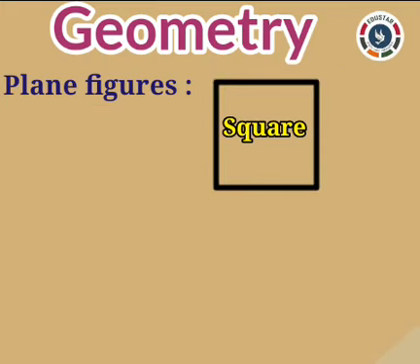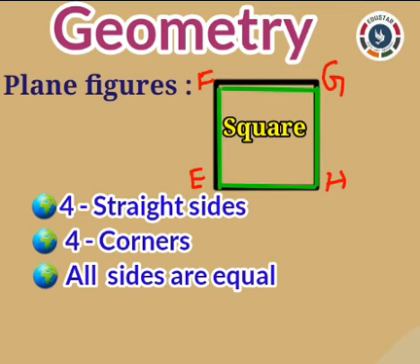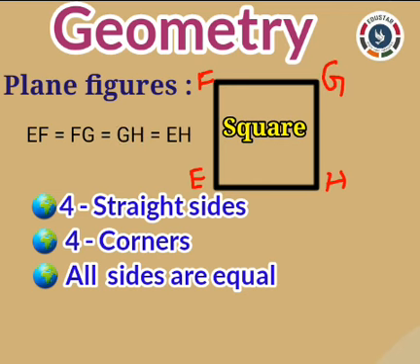Next, square. The square also has 4 straight sides and 4 corners. All its sides are equal in length. Now look at this square EFGH. It has 4 sides, that is EF, FG, GH and EH. It has 4 corners E, F, G and H. All its sides are equal, that is EF, FG, GH and EH are equal.